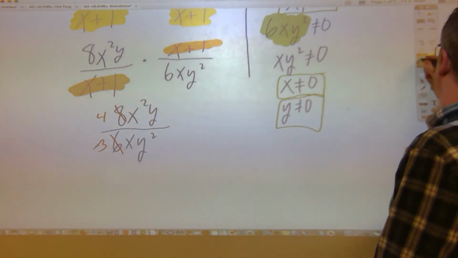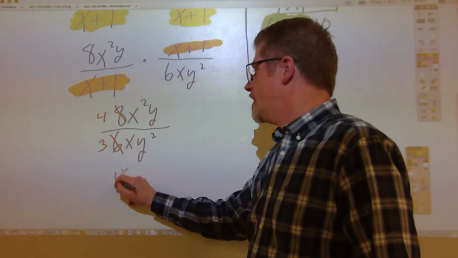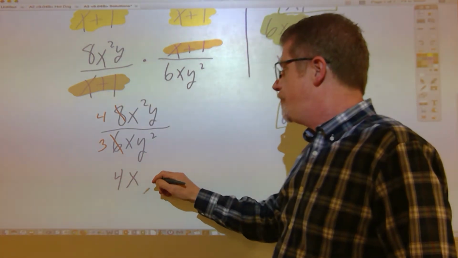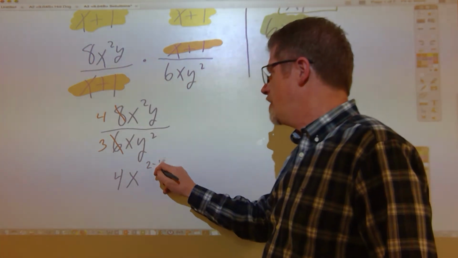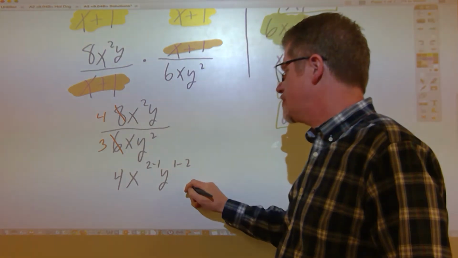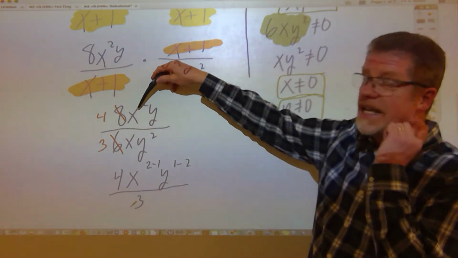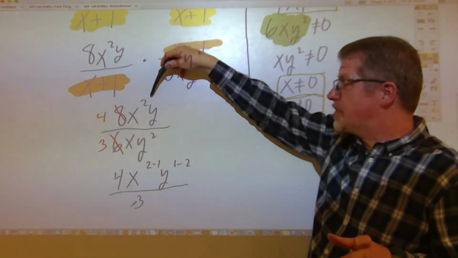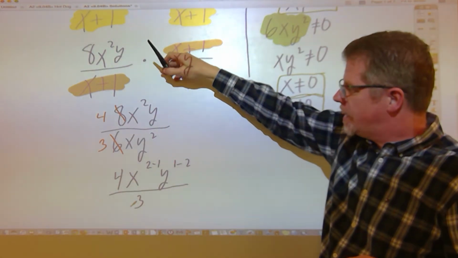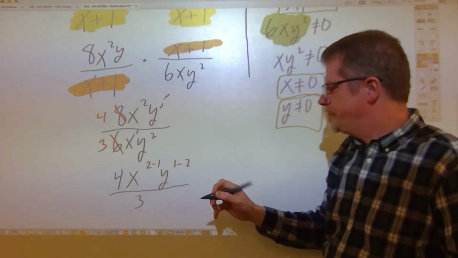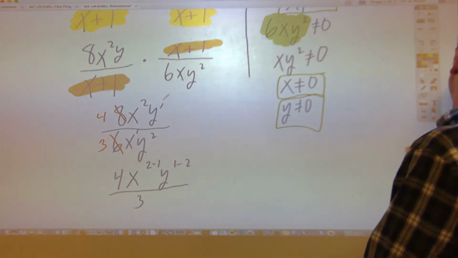Now, hopefully, you'd be okay with this use of the divide subtract rule. We're talking 4x to the 2 minus 1 times y to the 1 minus 2 all over 3. Since I'm dividing exponential expressions with the same base, I subtract the exponents.